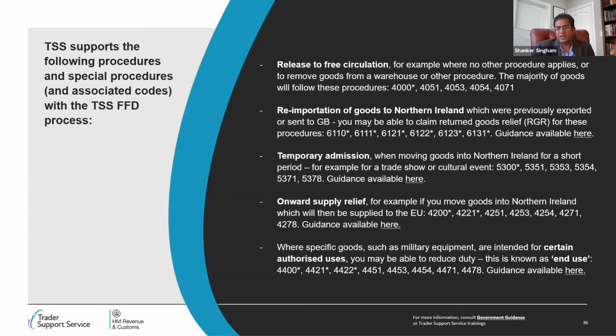And we've got guidance linked in the slides here on all of this. If you've got specific goods like military equipment that are intended for certain authorized uses, then you can claim a nil duty or reduced duty, and the codes that supports are listed there. We go to the next slide.